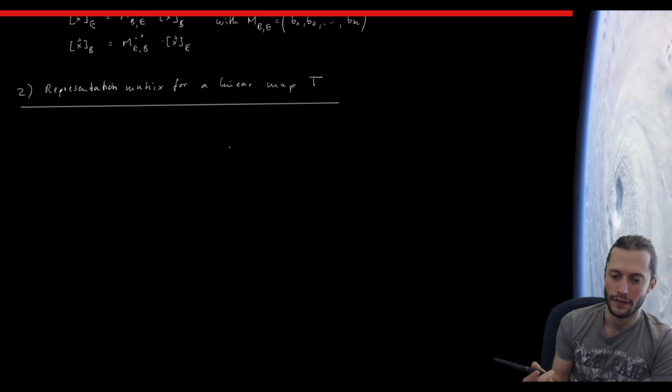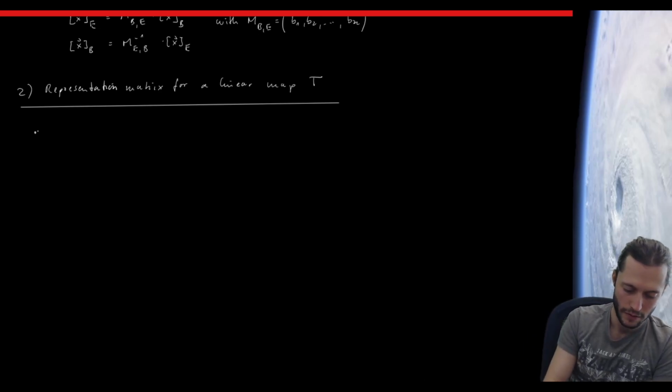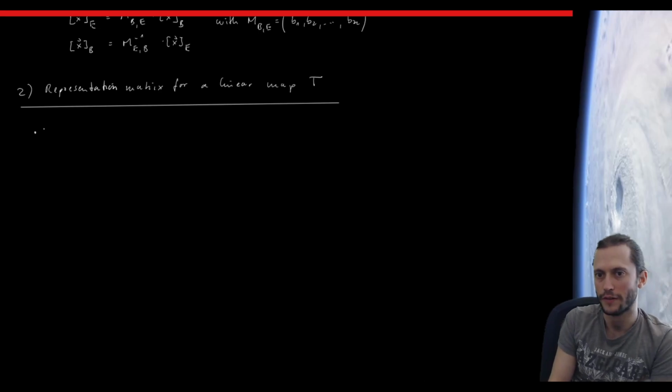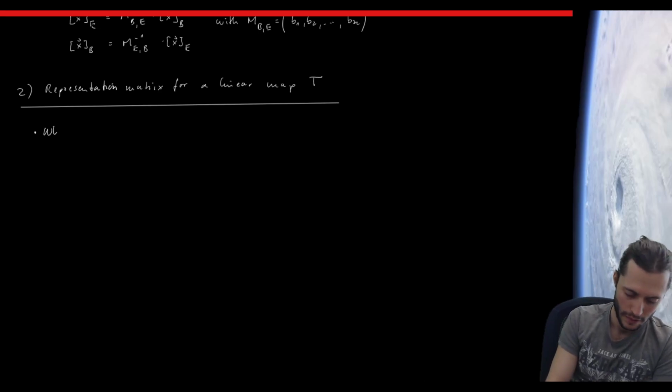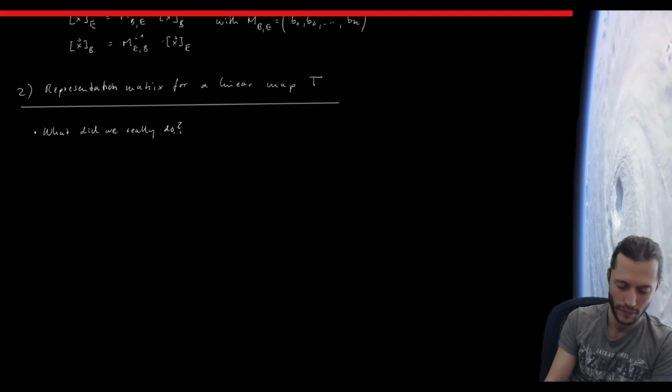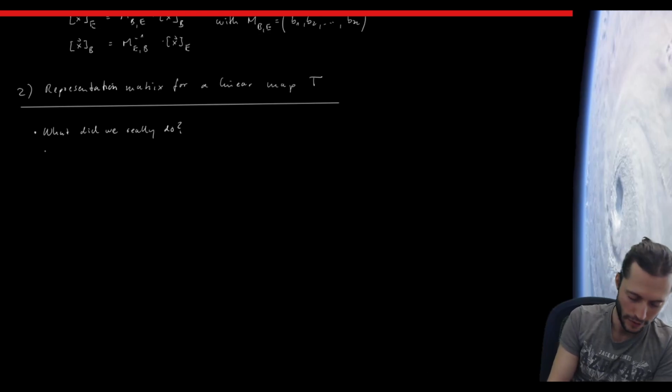We actually applied a matrix on x, that is a map on x, but x stayed the same. But we still changed the coordinates. What did we really do? We didn't change x, only coordinates.